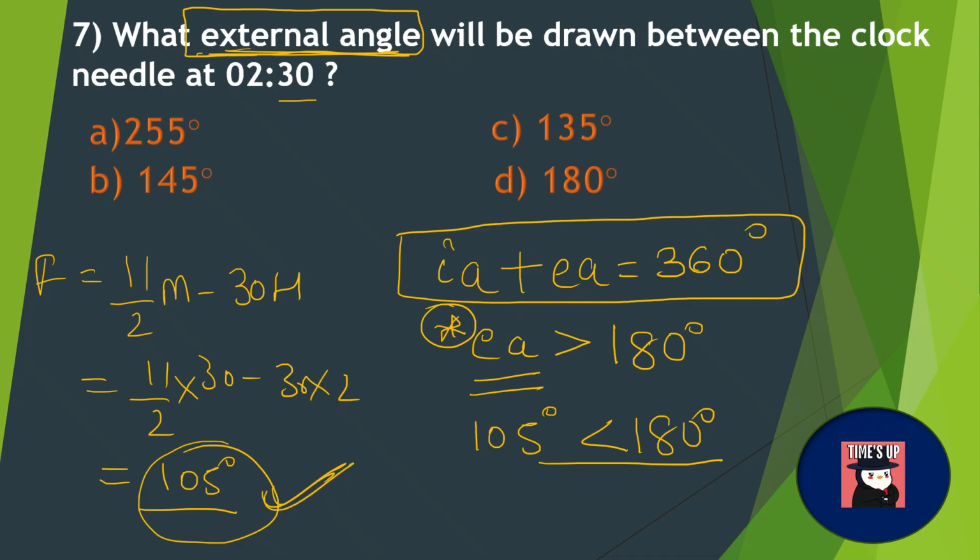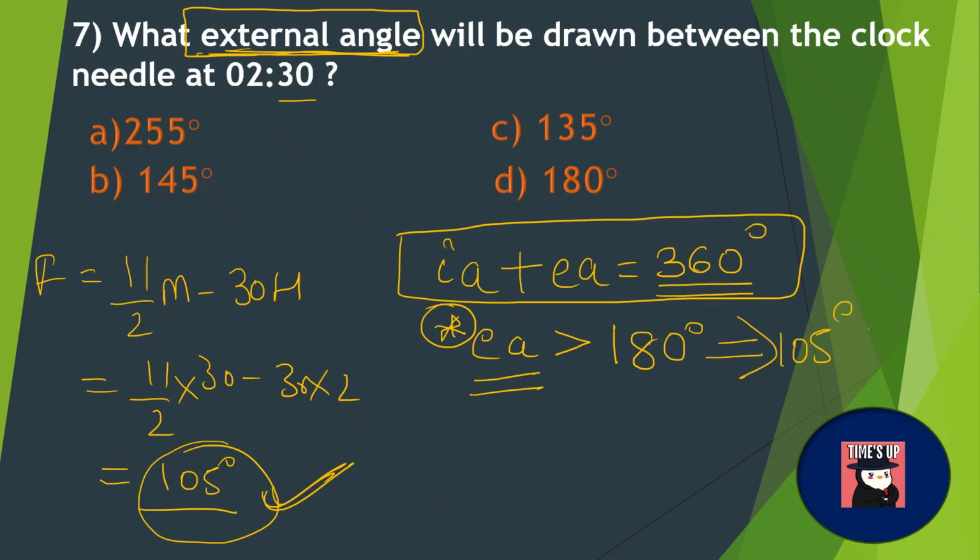If it is coming less than 180 degree, what you need to do? You need to subtract it from 360 degree. Understanding? So here, since 105 degree is less than 180 degree, you need to subtract it from 360 degree.